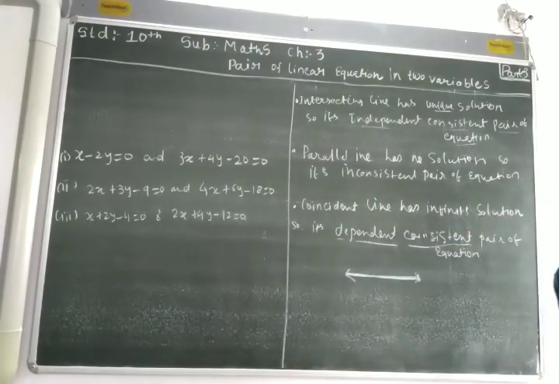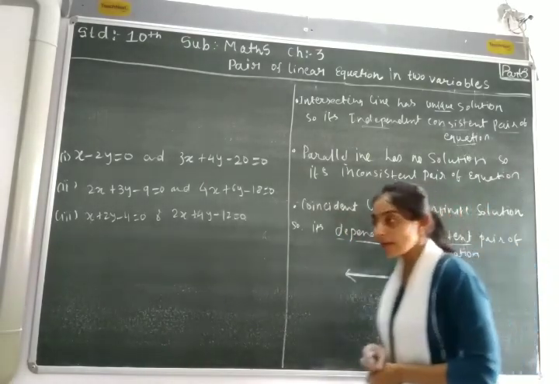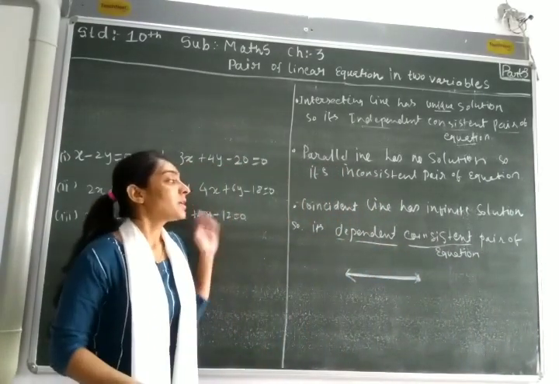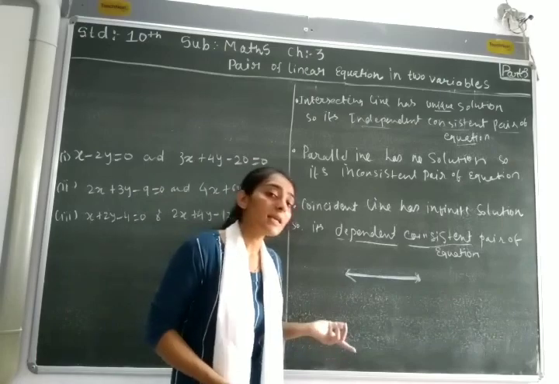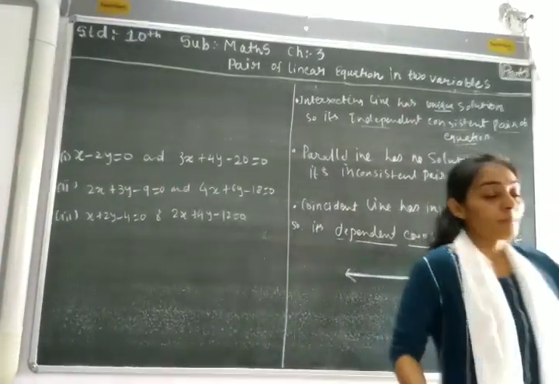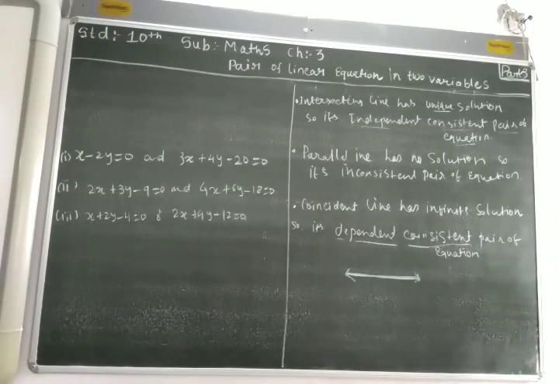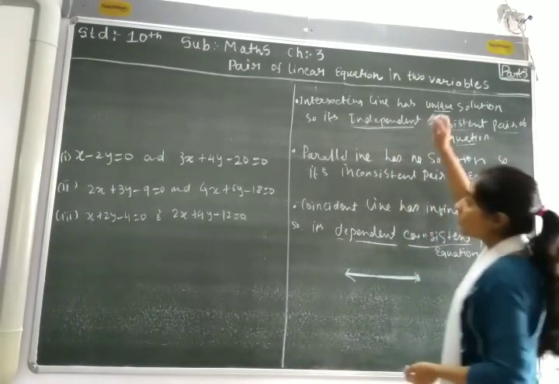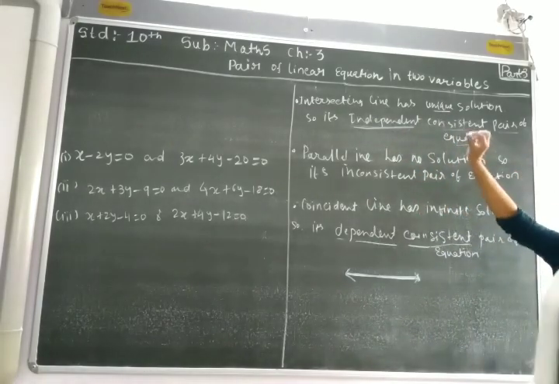So in a coincident line, both lines depend on each other. That's why the condition for consistency is a dependent consistent pair of equations. For intersecting lines, they are independent. Both lines are independent.